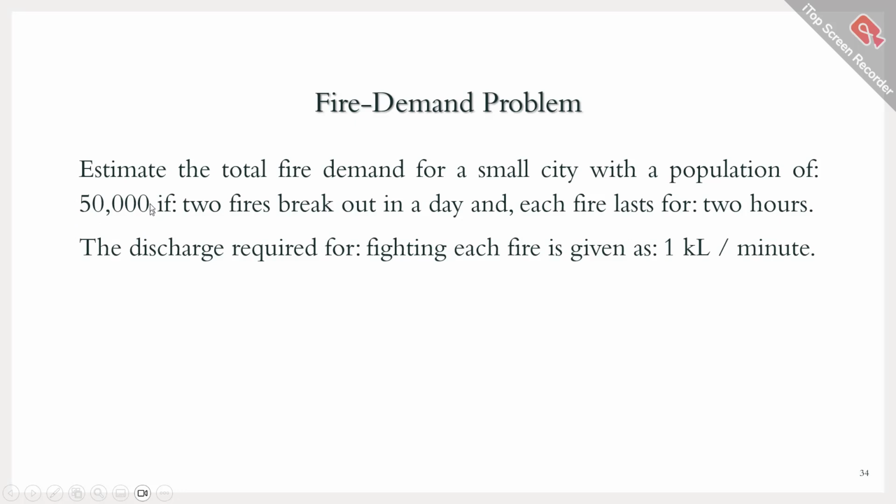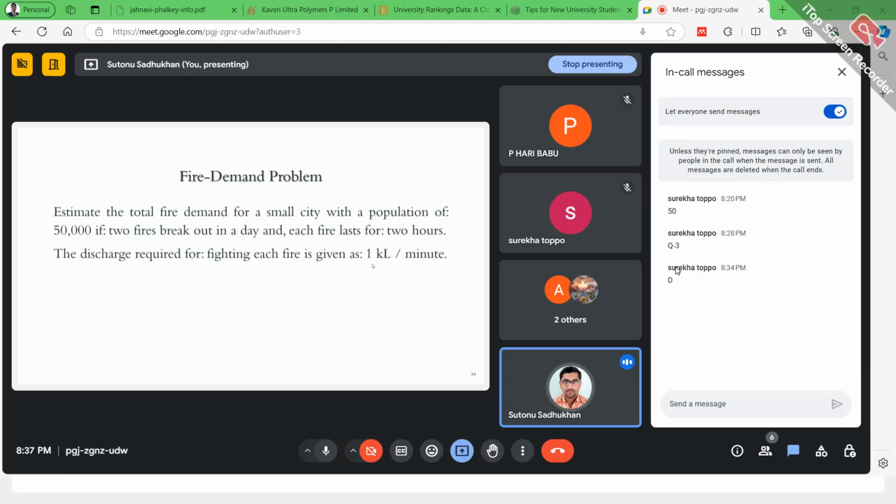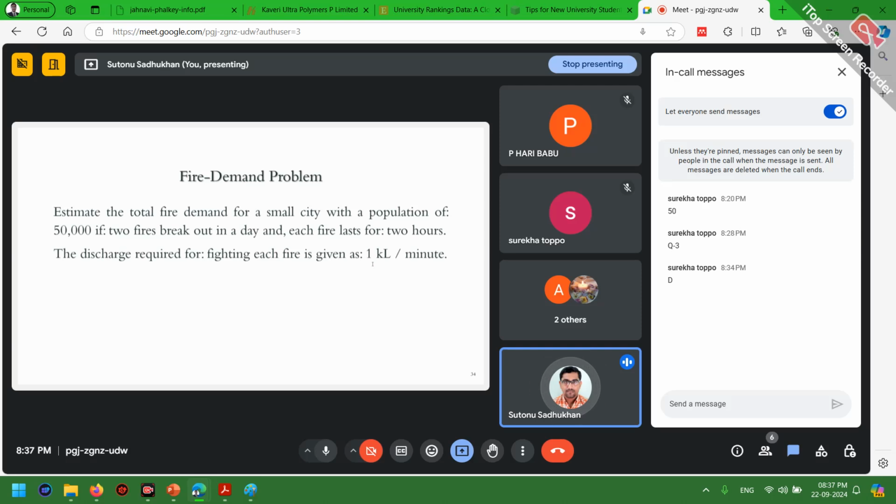Otherwise, if you don't consider the population data, then the total demand without per capita will be the answer. Whichever you like, but all of you should calculate this. This is very easy. I'll wait for 3 minutes for this problem. A couple of minutes more.